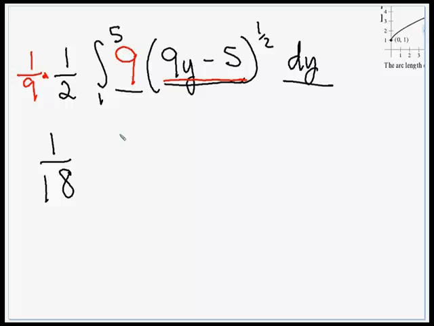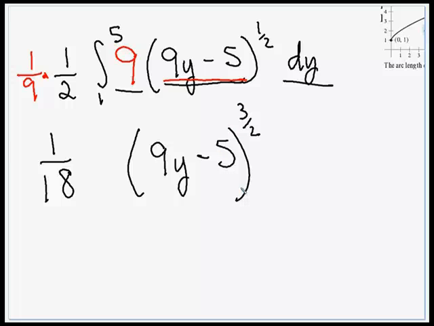So when we take the antiderivative, it's going to be that same quantity, 9y minus 5, raised to the 3/2 power, divide by that new power 3/2, which is the same thing as multiplying by 2/3, the reciprocal. And I almost forgot my bracket. We are integrating that from 1 to 5.